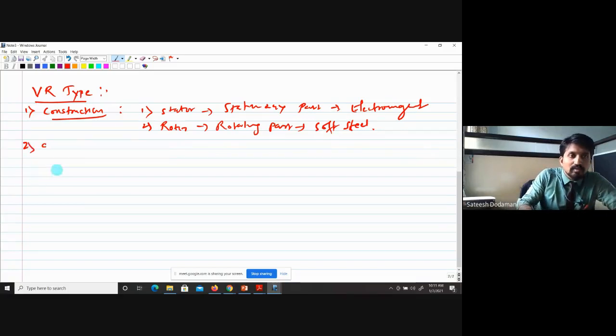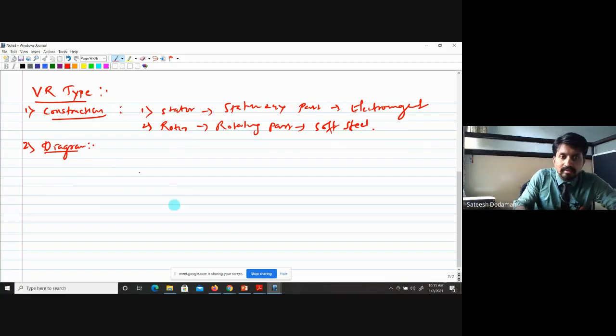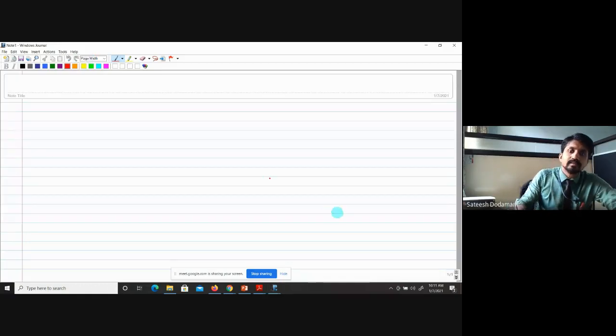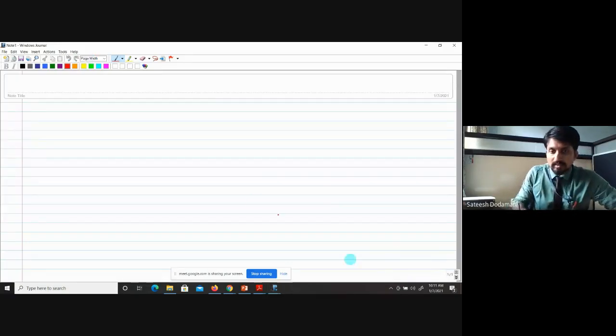Then from the point of a diagram, let me show you the diagram, so how it will be. Some reference lines I'm drawing here. Something problem with this journal only today.